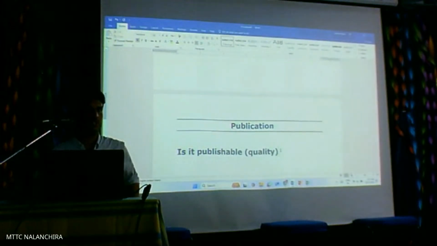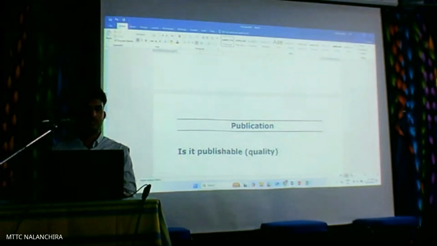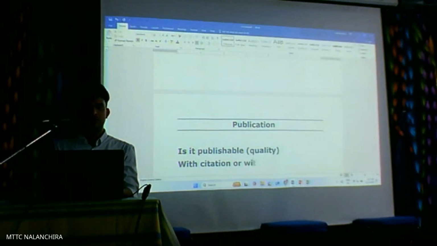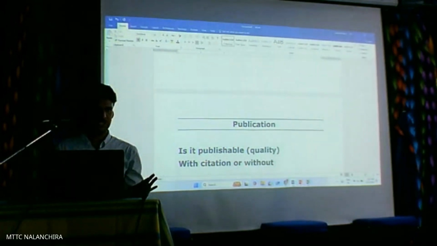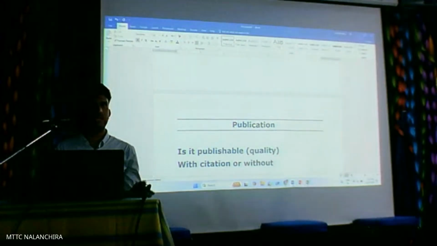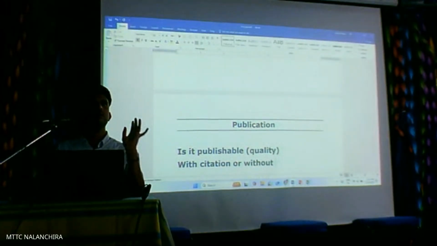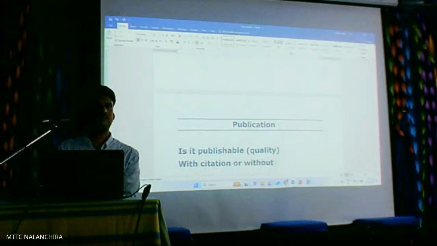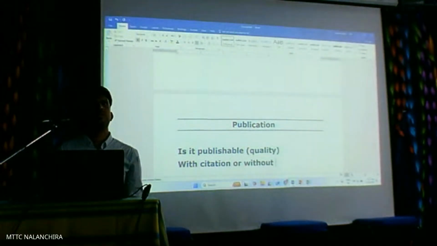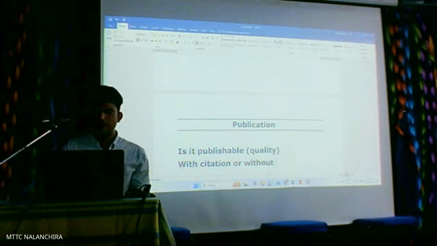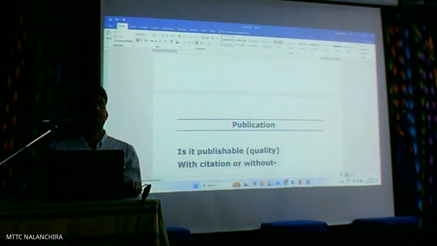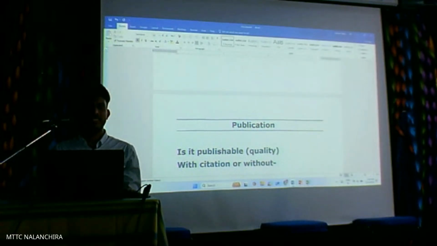Anything can be published, with citation or without, they will publish. They have some other criteria; if the methodology is okay, they will publish. I'm not talking about everyone, but they will not take care of the publication style, writing style.